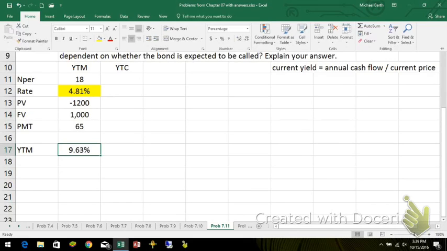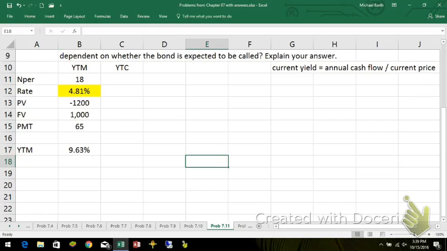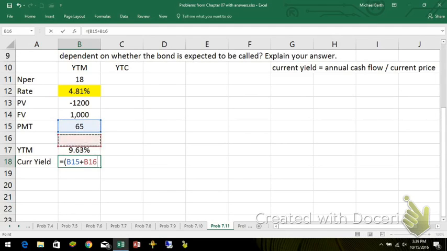The current yield would be $65 plus $65, $130 a year, divided by the current price of $1,200.